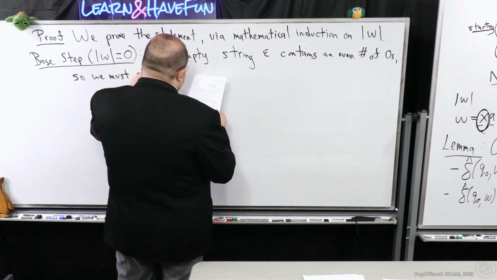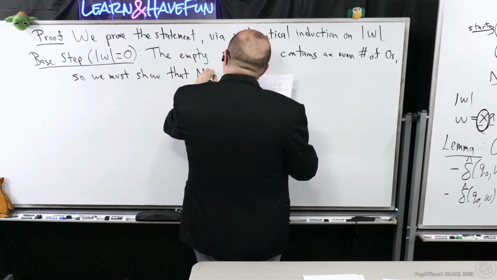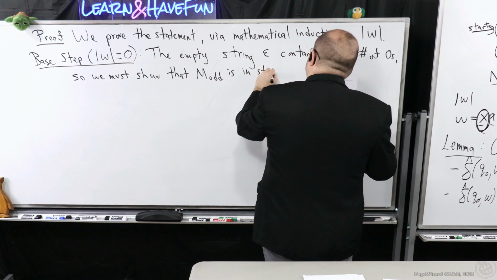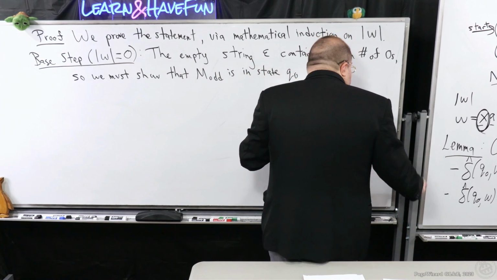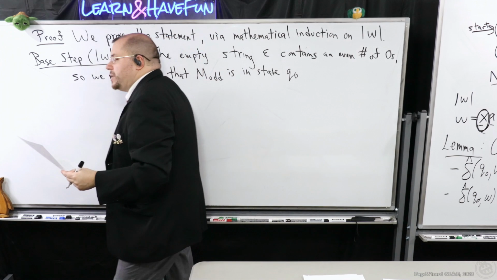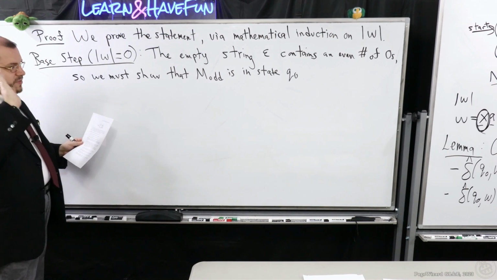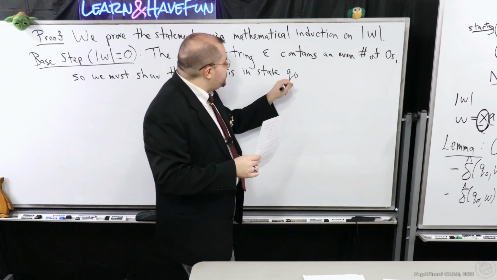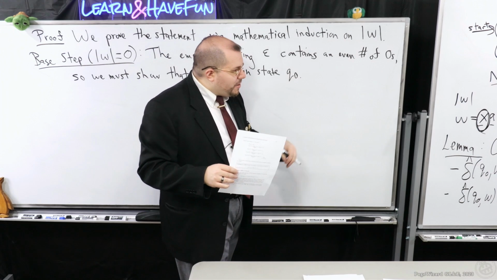So to prove this, I have to show that M on the empty string is in state Q0, right? Because our claim is an if and only if claim. To satisfy our two invariants, if there's an odd number of zeros, it has to be in Q1, but if it's in Q0, that naturally matches the invariant we have in place.